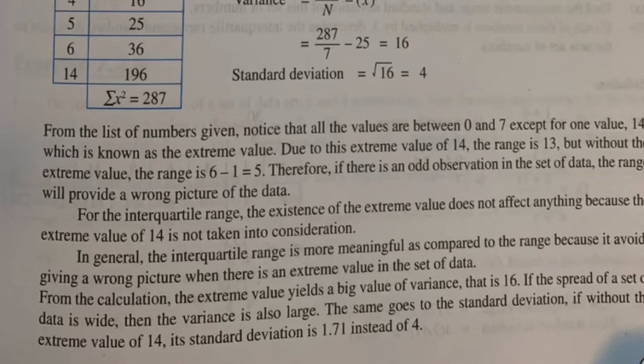Without the extreme value of 14, the standard deviation is just 1.71. But because of the extreme value 14, the standard deviation becomes 4, which is very big. So this does not show the actual situation, the actual picture of the set of data.